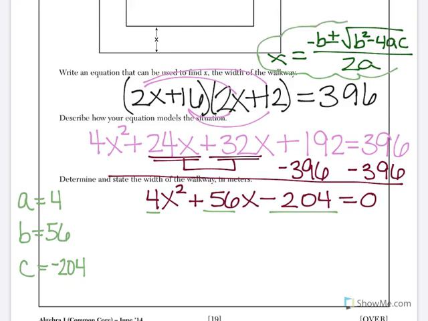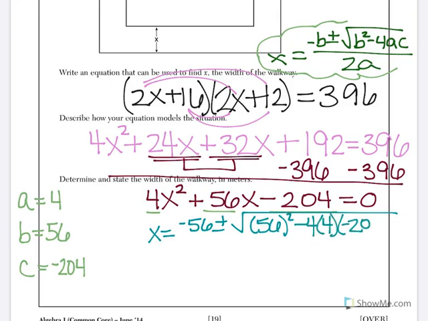By using that formula, I am going to start with x equals negative 56 plus or minus the square root of 56 squared minus 4 times 4 times negative 204 all divided by 2 times 4.